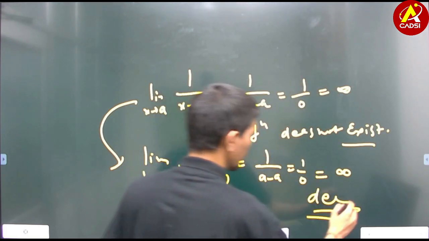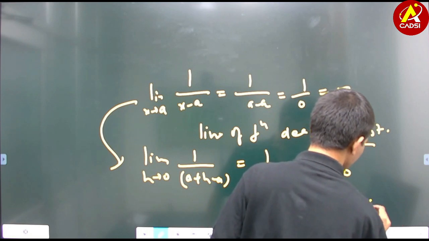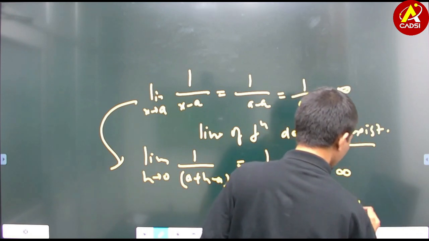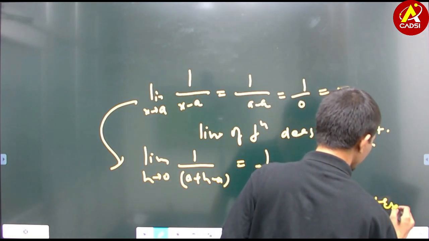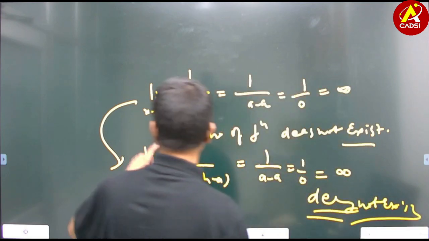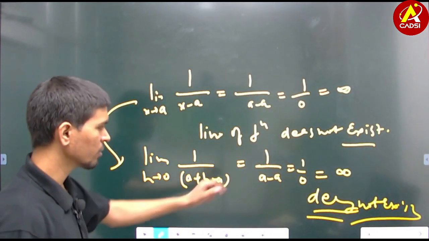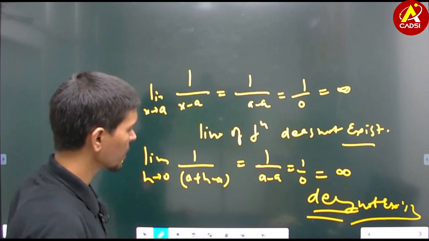That means the right hand limit does not exist.